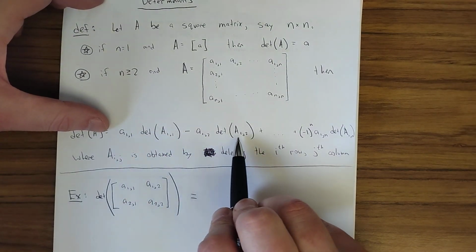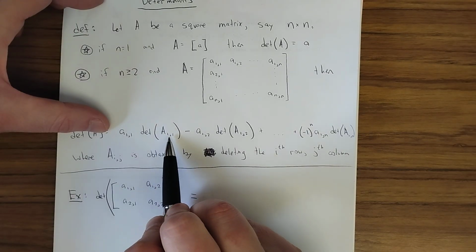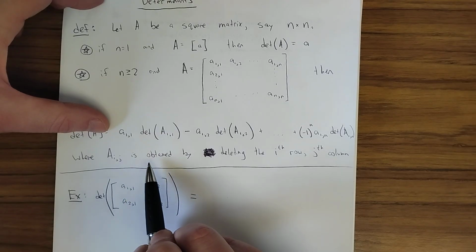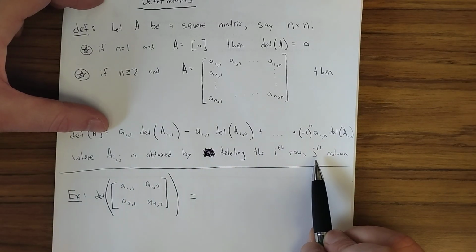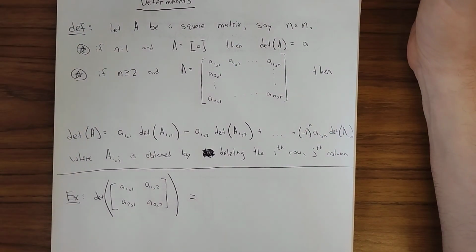By the way, when I write A with subscripts, A sub ij is just the matrix that I get by deleting the ith row and the jth column from the original matrix A.